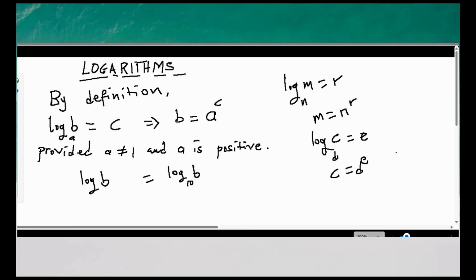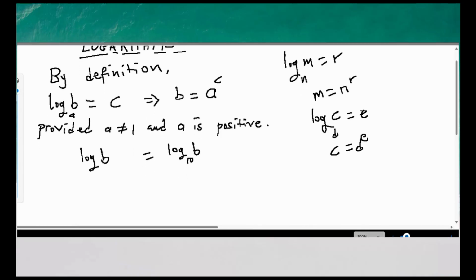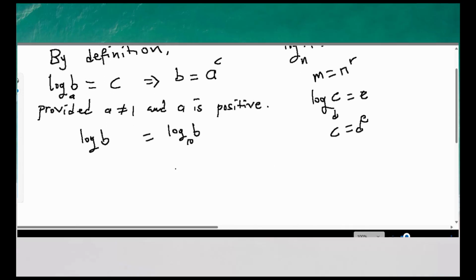So from what we have seen from the definition, let's say I have log 16 base 2 equal to 4. Then from the definition, what it means is that 16 is equal to our base 2 raised to the power 4.